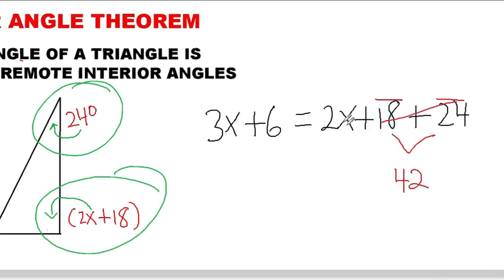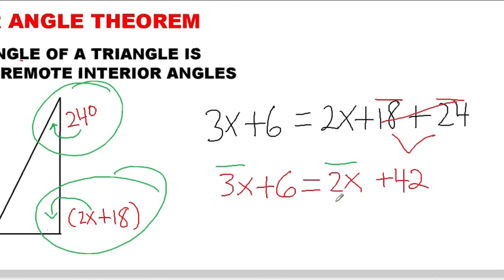Let's cross that out. Let's bring down everything we haven't crossed out. We've got the 2x, the equal sign, and then we're going to bring this 3x plus 6 down. Then once again, we ask ourselves, is there any like terms? Yes, we have the 2x and the 3x. Our rule is that when we have variables on both sides, we must move the lower value like term and change it and move it to the higher.